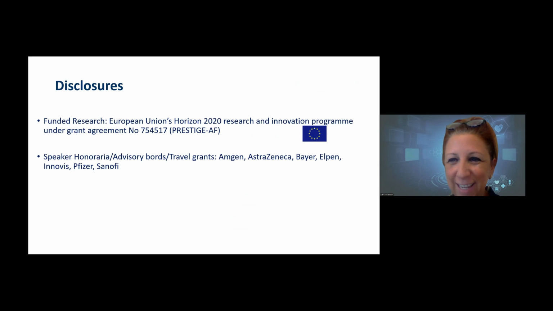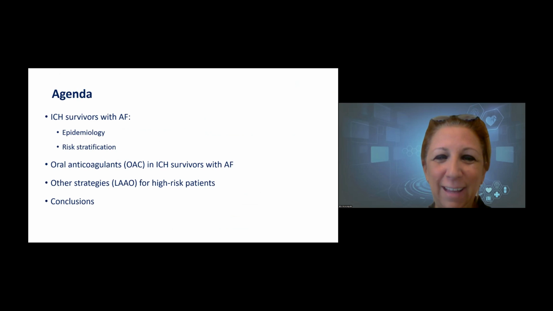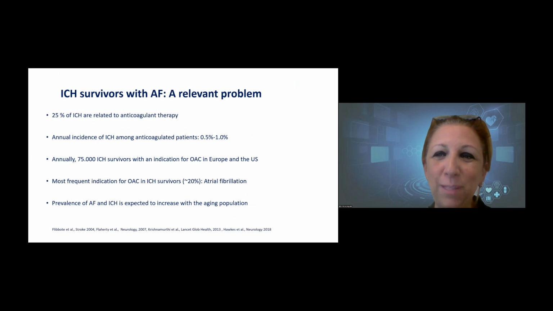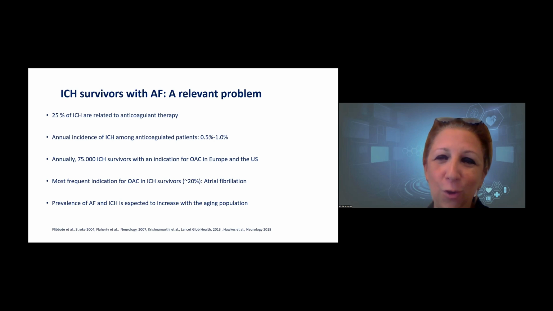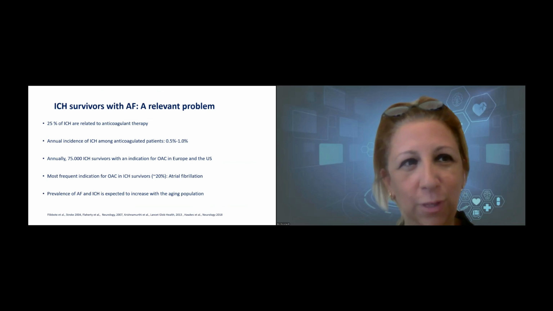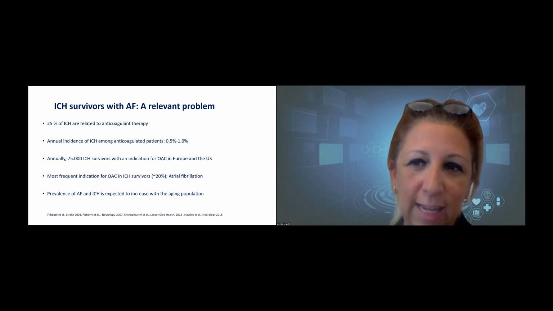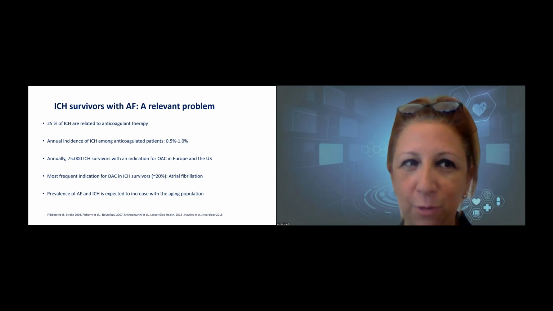I will present over the next minutes how to manage anticoagulation in patients with intracerebral hemorrhage. This is actually a challenging topic, and in regards of epidemiology, fortunately, this is not a very common situation. However, almost 25% of intracerebral hemorrhagic events occur in patients under treatment with oral anticoagulation, with an annual incidence of 0.5 to 1%.